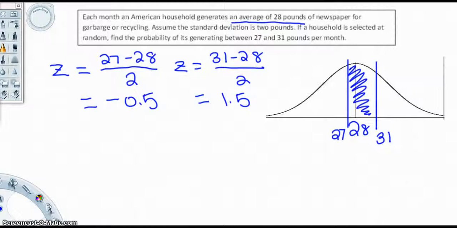When we look these z-scores up in the back of the book, when we're looking up negative 0.5, we can look up negative 0.5 and get the same, or we can look up 0.5 and get the same value. So at 0.5, we get 19.15%. And for 1.5, we get 43.32%.